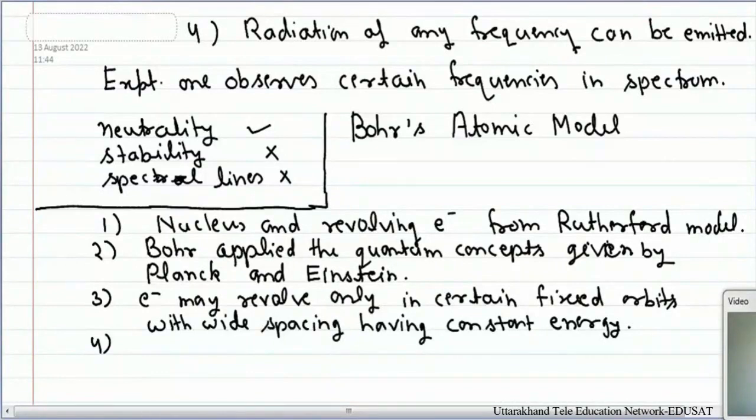Bohr said that electrons may revolve only in certain fixed orbits with wide spacing having constant energy, and therefore in fixed orbits the electron does not radiate any energy.